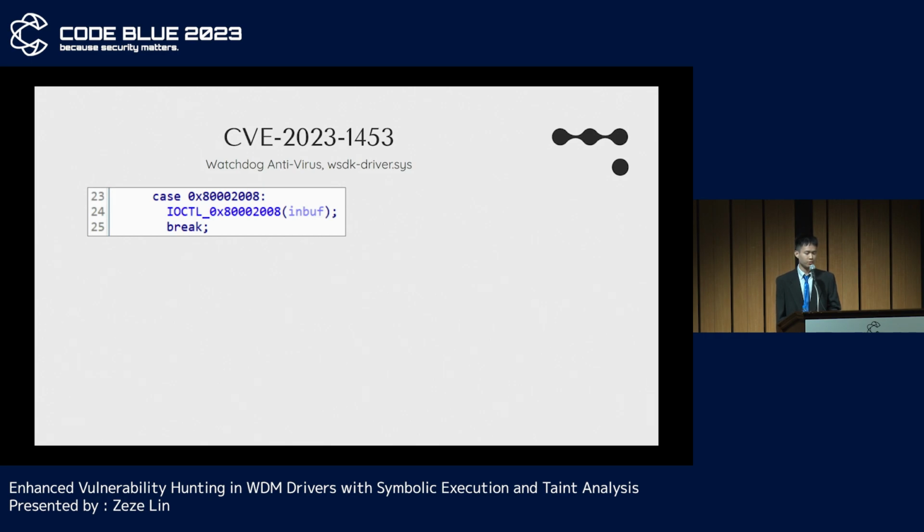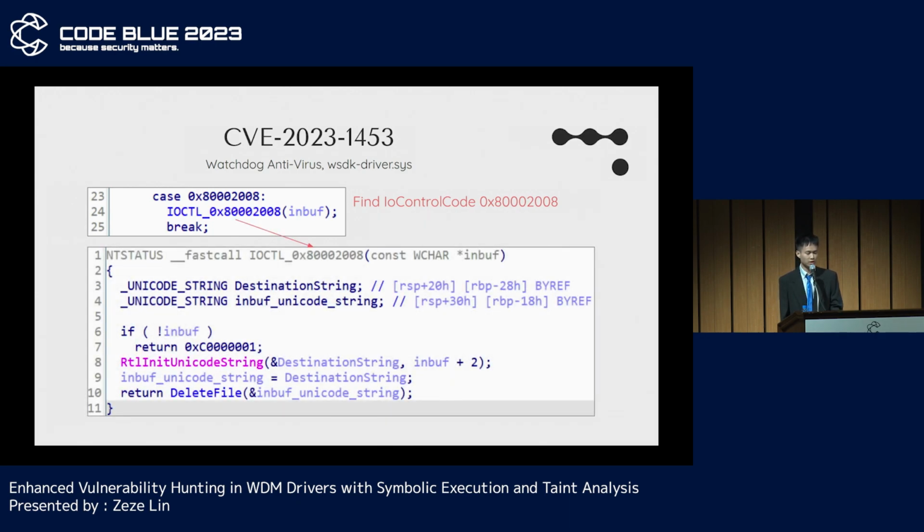Take a CVE in the WSDK driver from Watchdog antivirus, hunted by IOCT-lens, for example. In the specified IO control code, the program calls a function which I name IOCTL 80002008. In the function, we can see that the local variable Unicode string is tainted by our input buffer. And then the program calls the delete file function with the tainted Unicode string as a parameter.